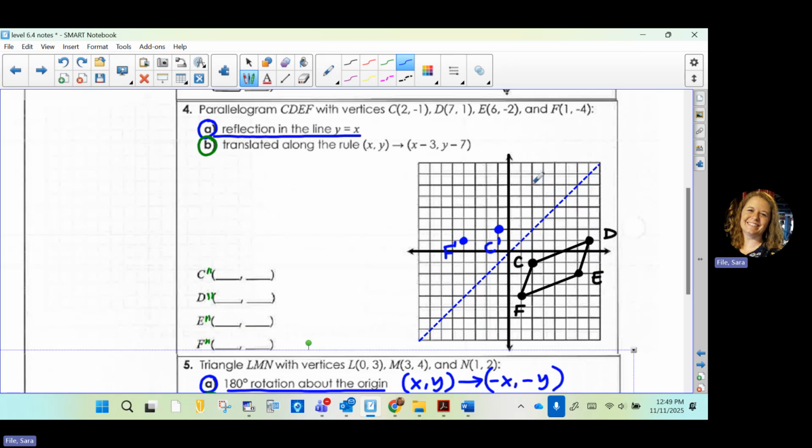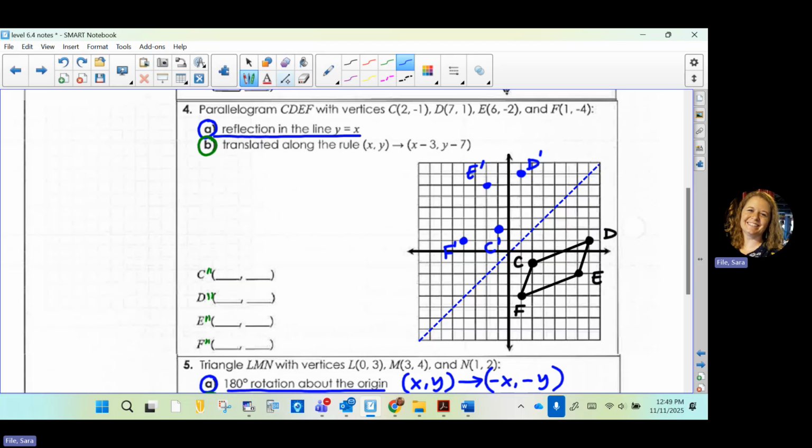So go 1, 2, 3 along that angle. So there would be D prime. And then E, if I'm coming at perpendicular to this line, 1, 2, 4. That would be E prime.